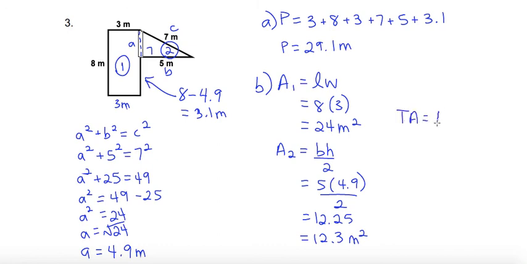So the total area is the area of shape 1 added to the area of shape 2. So I have 24 plus 12.3, which gives us 36.3, and my units are meters squared. And this is how we use Pythagorean theorem to help us solve for some area questions.